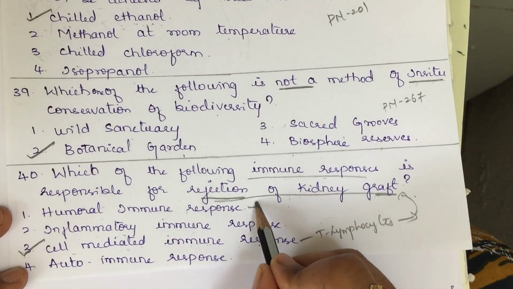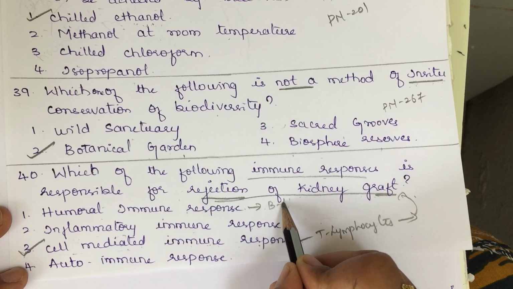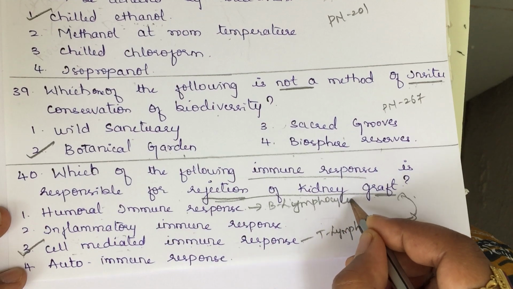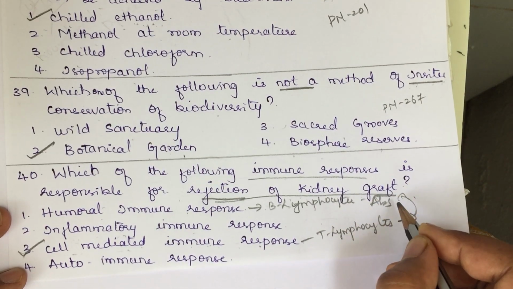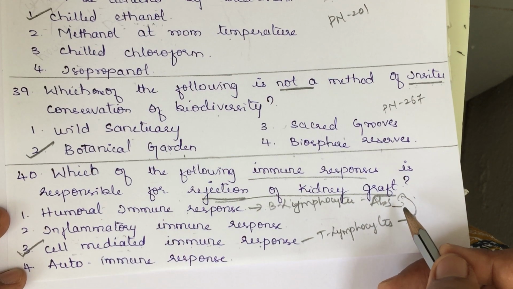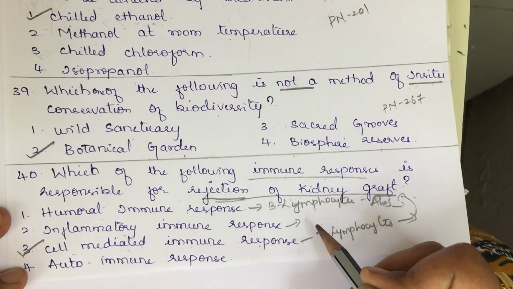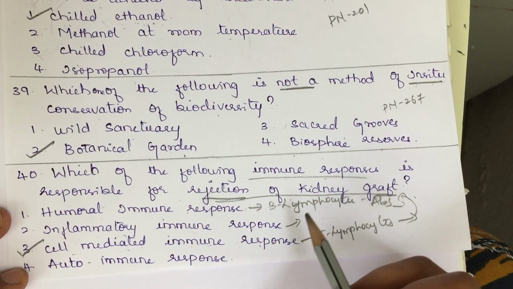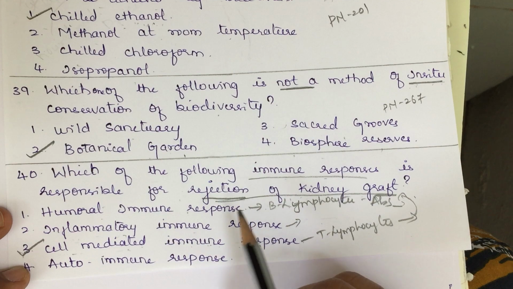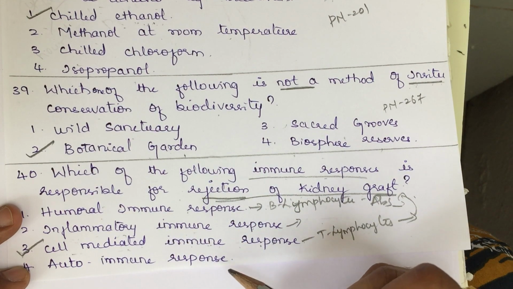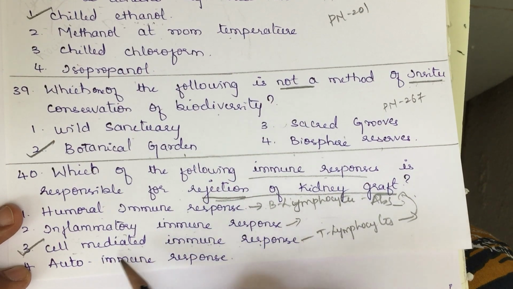Whereas in the humoral immune response, B lymphocytes will produce proteinaceous antibodies. These antibodies will reach the plasma and fight against those pathogens. Inflammatory immune response is nothing special. When bacteria or something enters, inflammation occurs, and how the body's immune system starts to react, we call that the inflammatory immune response.